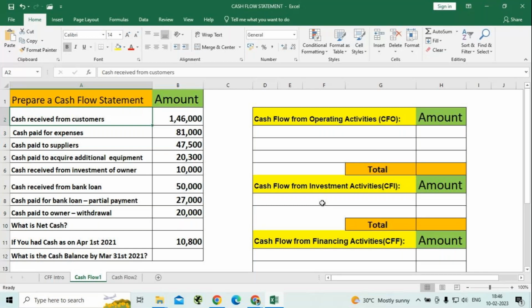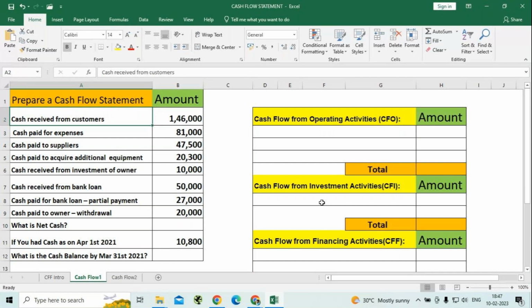Is it from investing activities? Investment is like you are going to invest in an asset, and anything you get back from it. Here you are receiving money from your customers, which means you are making sales. The business stays on the sales, so it is a normal activity.